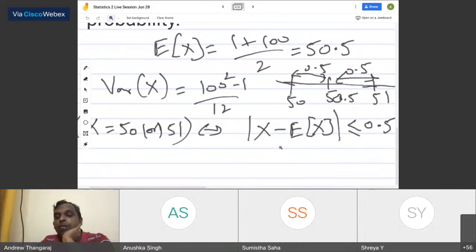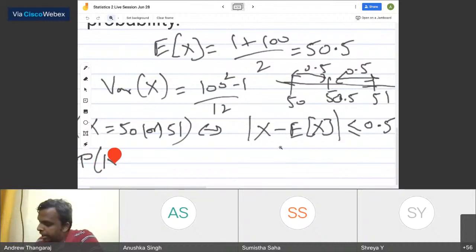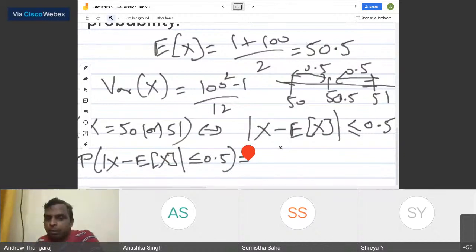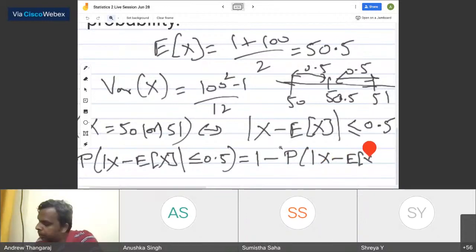So now what is the point here? How are upper bound and lower bound related? This probability that mod X minus E of X is less than or equal to 0.5 equals 1 minus the probability that mod X minus E of X is greater than 0.5.